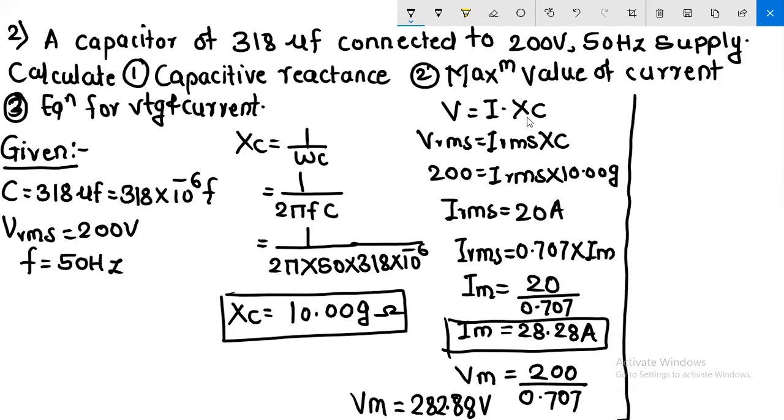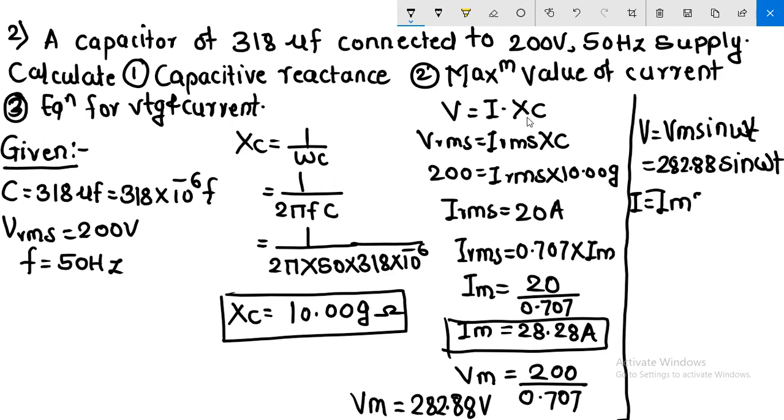And write down the equation now. This is a purely capacitive circuit. So who is leading, current or voltage? So V is equal to Vm sin of omega t. आता Vm ची व्हॅल्यू किती दिलेली आहे? 282.88 sin of omega t. And what is the current? I is equal to Im sin of omega t plus pi by 2.